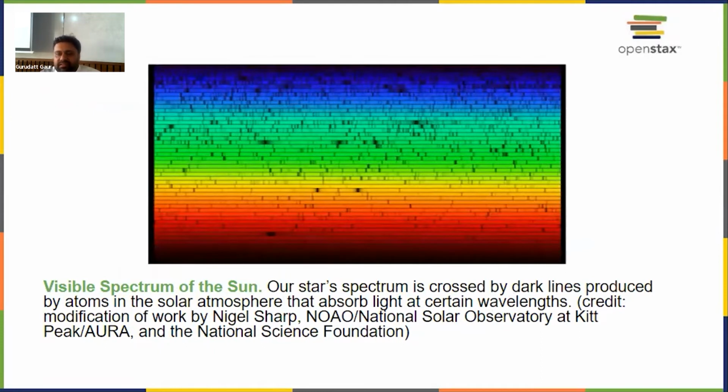What they found is that yes, there are blue, green, yellow, red, different continuous colors. But then there are some missing segments, missing regions. Had the light been continuous, it would not have been very exciting, right? Because there are all kinds of colors there. But these missing things gave us some idea.